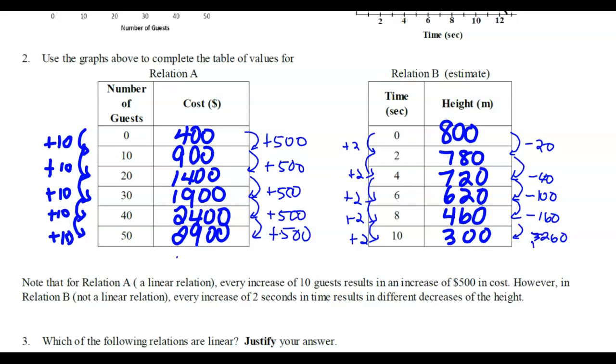So these are not all the same. That's another way of telling it is not linear. Okay, so this is linear, this is not linear.